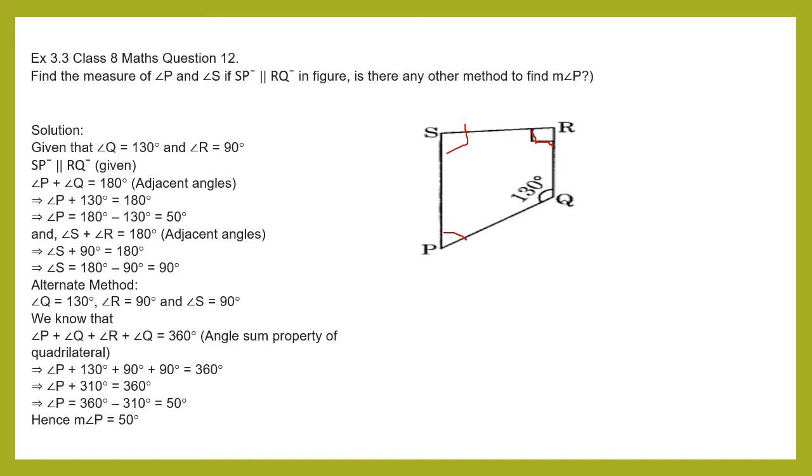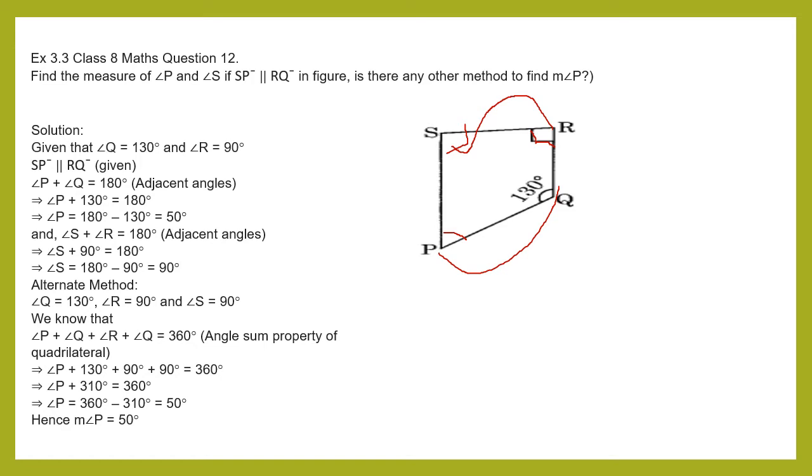So if SP is parallel to RQ, it means angle R plus angle S, the adjacent angles, is equal to 180 degrees. But before that we can go through with angle P plus angle Q also. Angle P plus angle Q is also equal to 180 degrees because they are adjacent angles between the parallel lines.